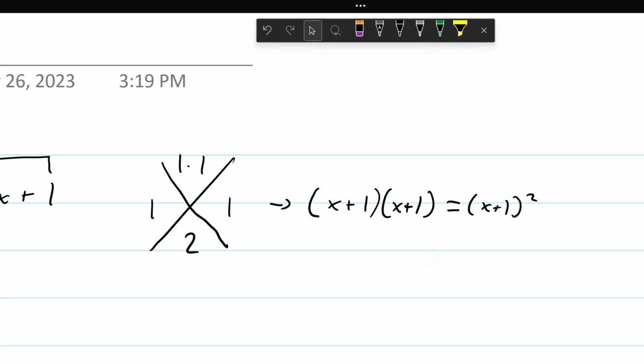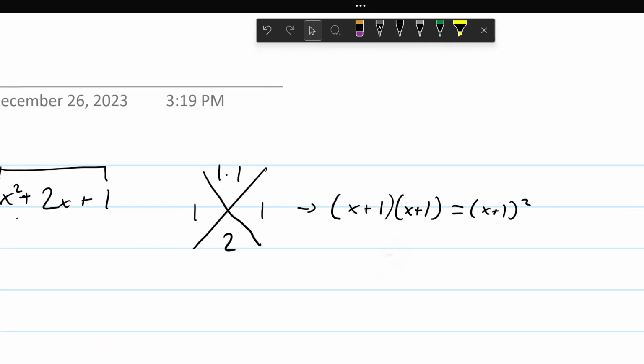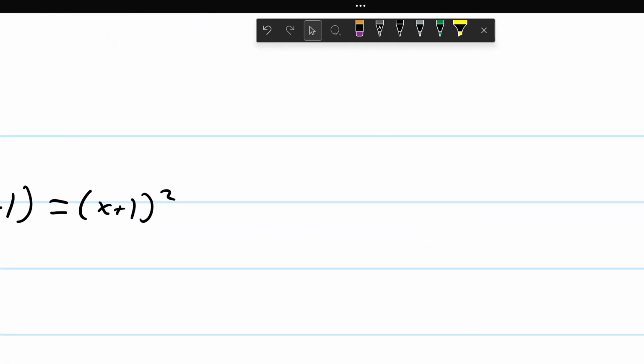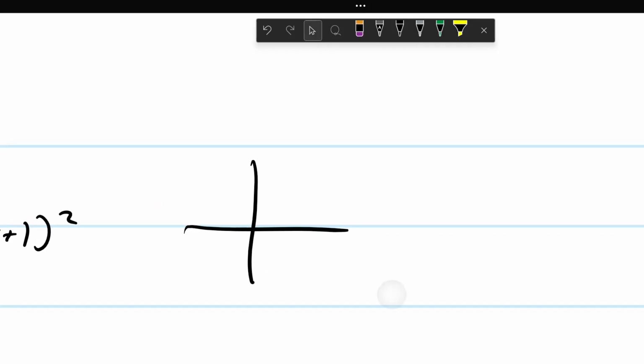And what's very strong about factoring, and why we want to factor in the first place, is to find the roots. If we have some sort of graph, let's say it looks like this, where we have x and y.